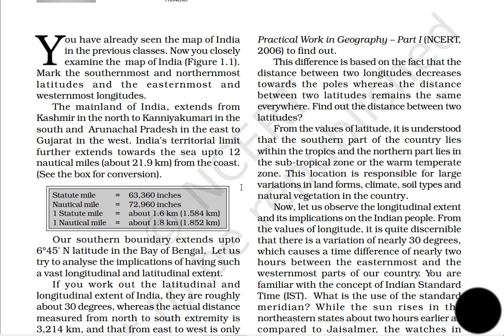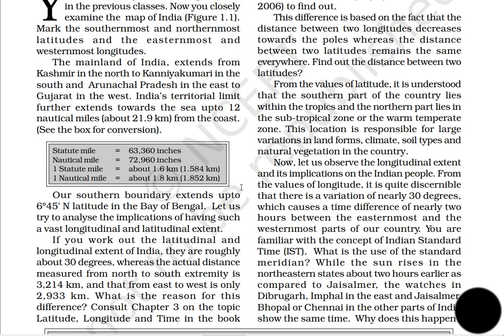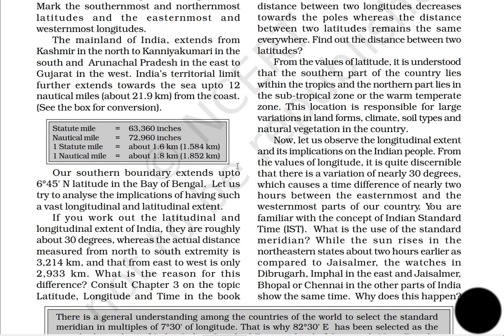From the values of latitude, it is understood that the southern part of the country lies within the tropics and the northern part lies in the subtropical zone or the warm temperate zone. This location is responsible for large variation in landforms, climate, soil type, and natural vegetation in the country.